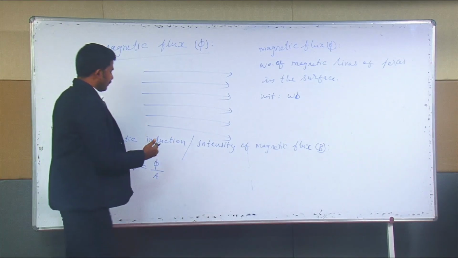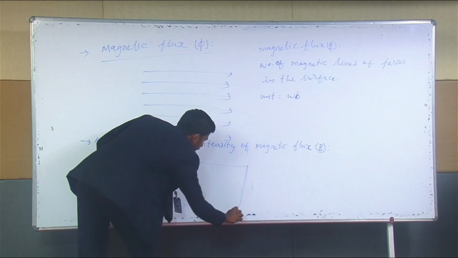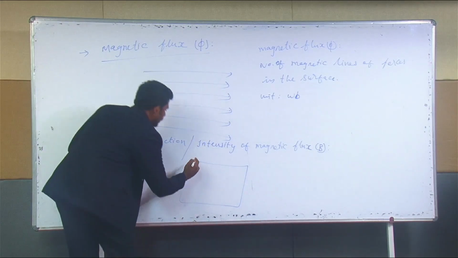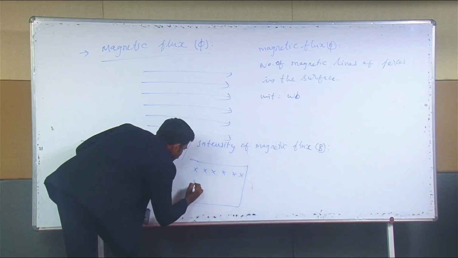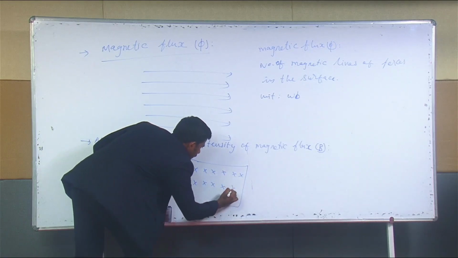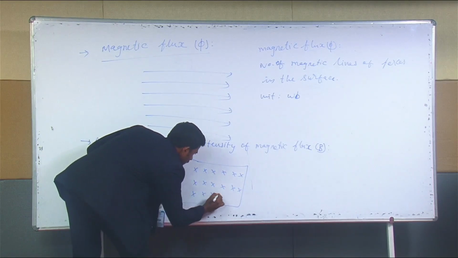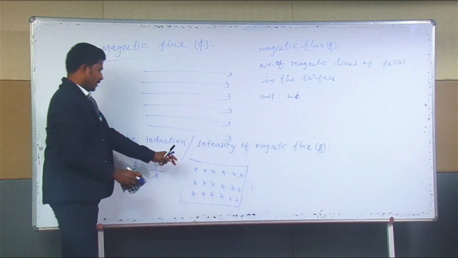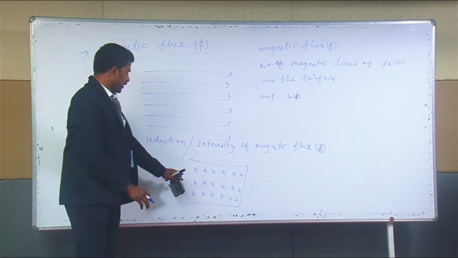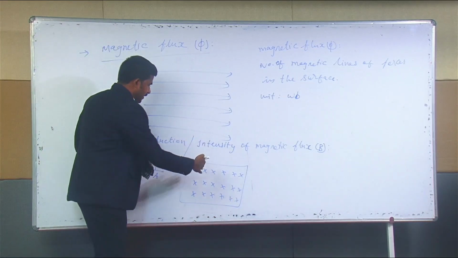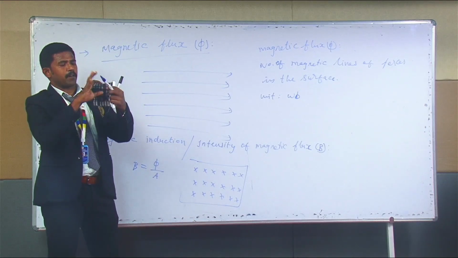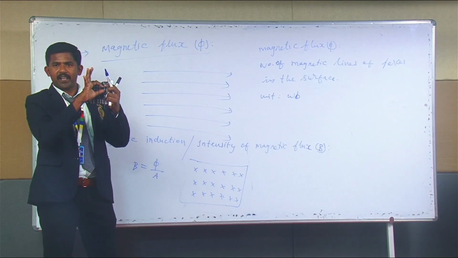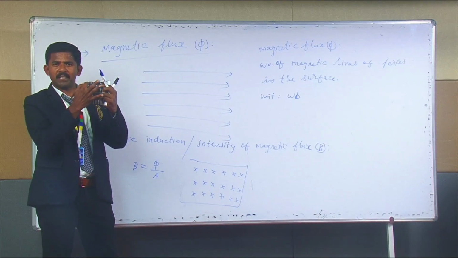For example, if you consider this rectangular bar, the magnetic lines are moving like this. If we consider only this part, how many magnetic lines are going through? So we are specifying the area.